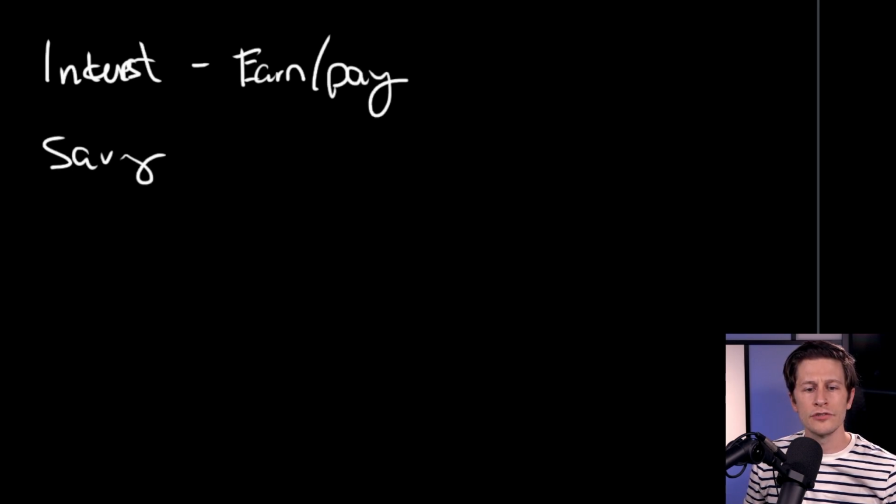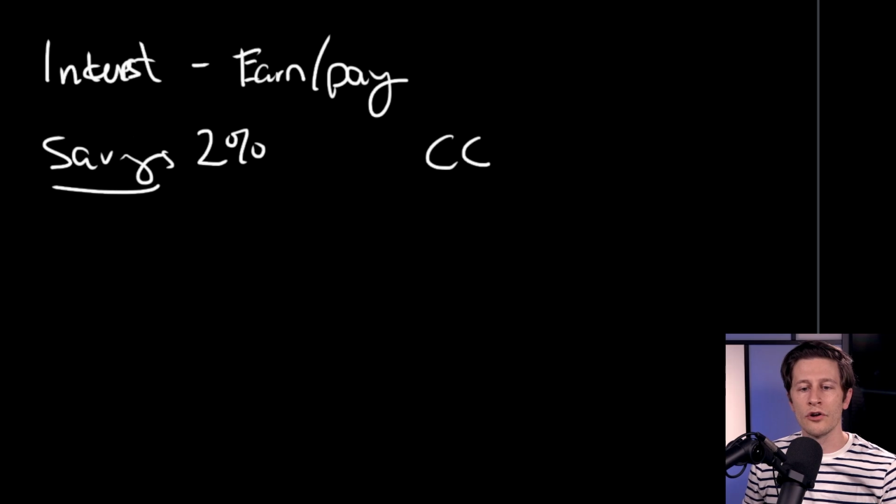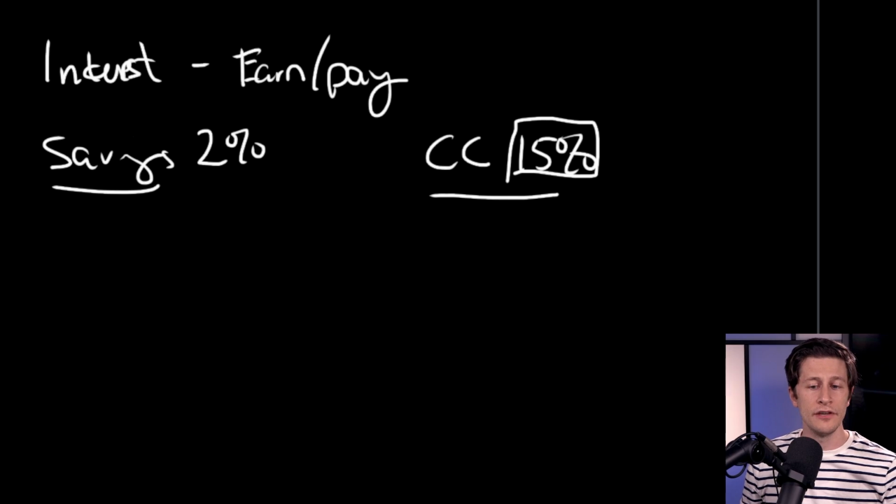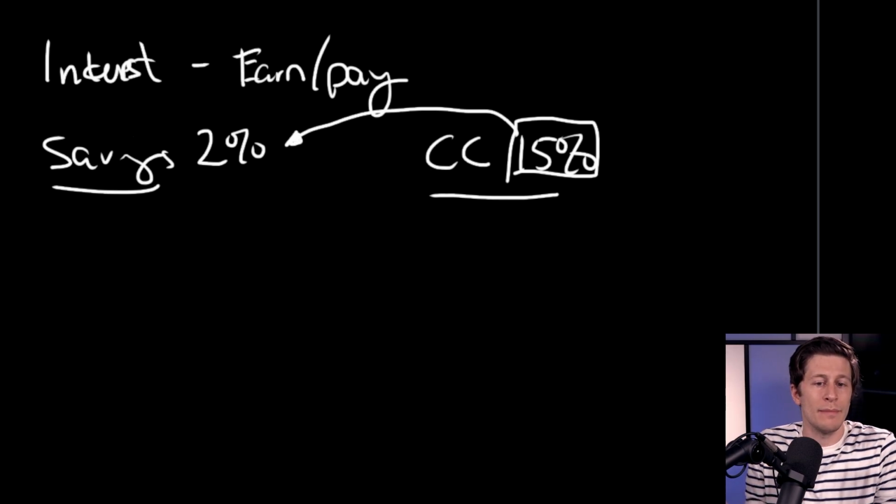If you have a savings account at 2% and you have credit card debt at 15%, avoiding 15% by paying down the credit card debt is sort of like earning 15%. It really makes sense to think about it that way.